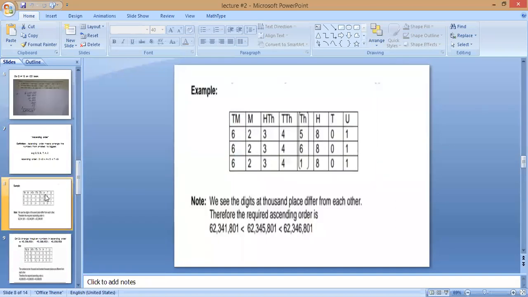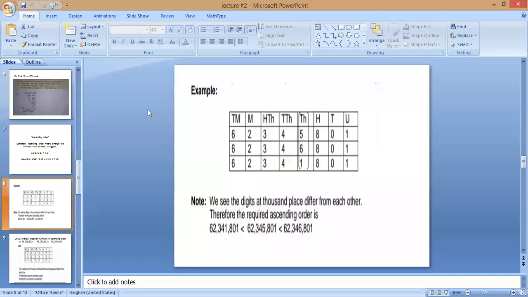Okay, this is an example. Check now when you have a bigger number. You have 3 numbers here. First of all, for writing the numbers, you will make a table, a place value chart: units, tens, 100, 1,000, 10,000, 100,000, million, and 10 million.